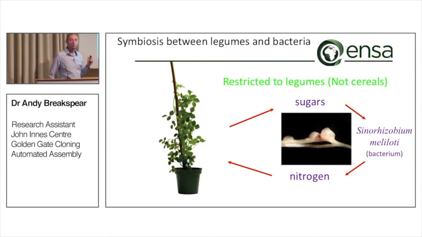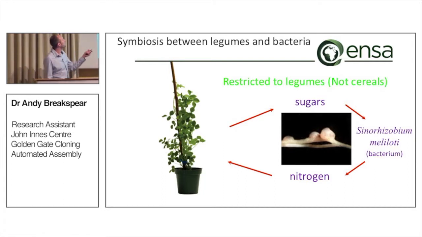This is a real bonus for this plant, because nitrogen is a very unreliable nutrient in the soil. It's here one moment and it's gone the next. So for a legume, the ability to team up with this bacterium is a great thing.